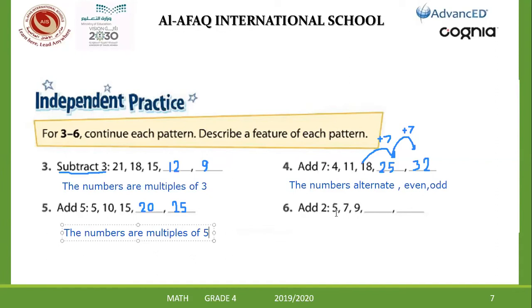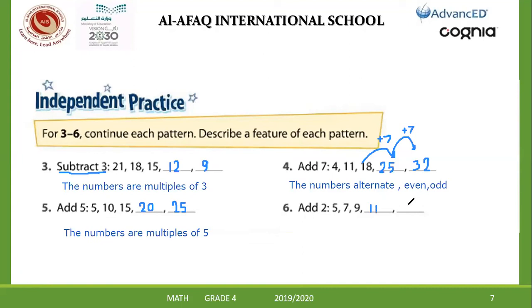Next one, add 2. In this pattern here, 5, 7, 9. If you add 2, it means plus 2. Here, the next number will be, of course, 11. And the next number will be 13.